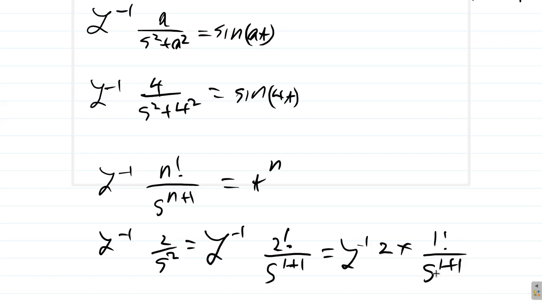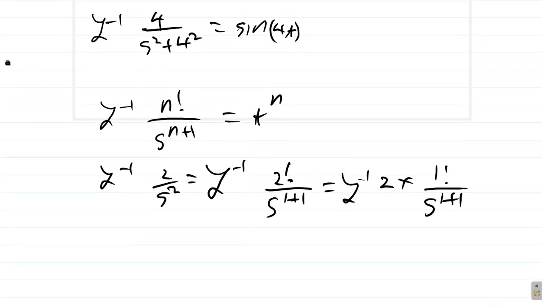See that? So let's match up everything. You have n factorial, n, 1 factorial, 1, alright? That's multiplied by 2. So when you look at it now, n factorial over s to the n plus 1 gives t to the n.